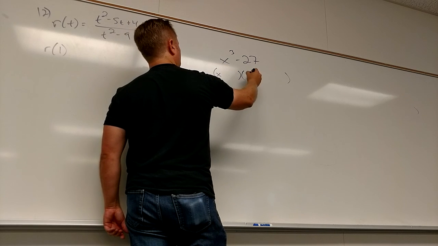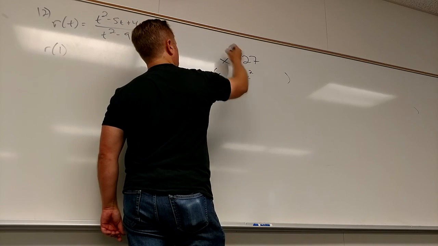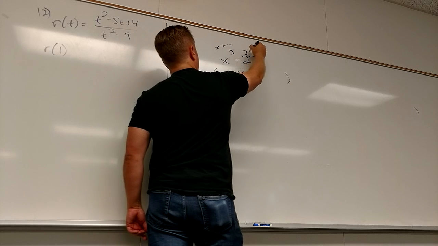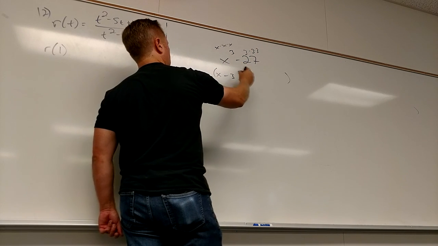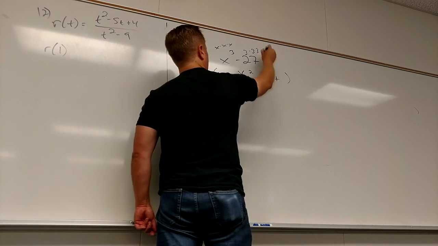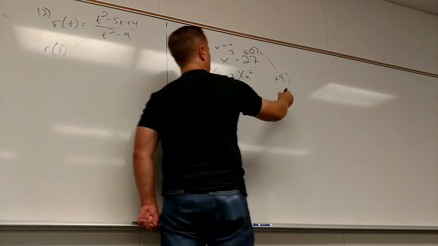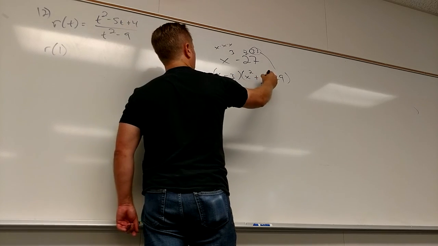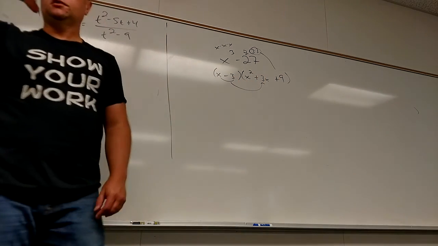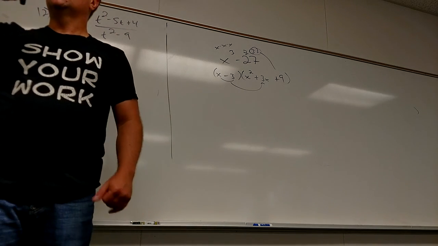X squared, because that's x times x times x. 3, 3, 3, right? Minus 3. 9. Yeah, the other two 3's go there. And then plus 3x. All right. What did I say about the big dude? You can't factor it.